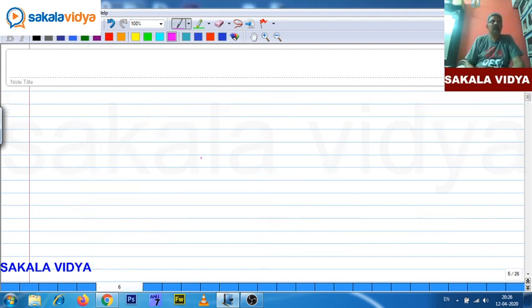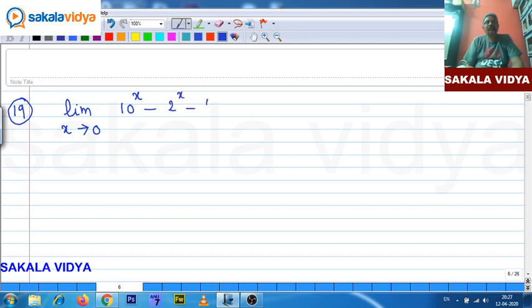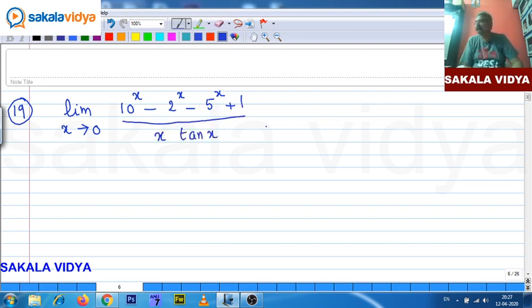Okay, now the 19th one. Limit x tends to 0, 10 power x minus 2 power x minus 5 power x plus 1 upon x into tan x equals to.